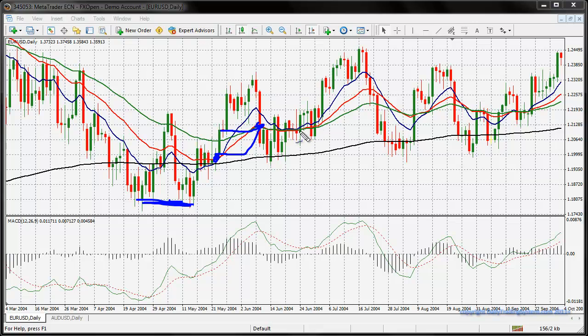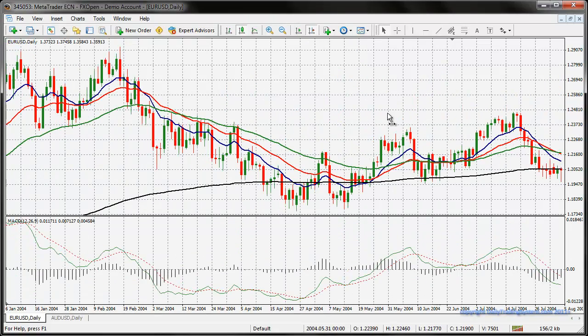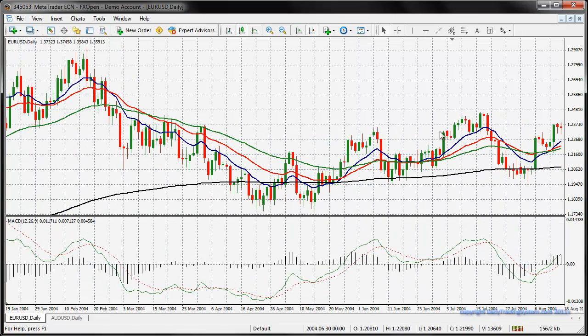But after a while, if you got in at around about here, one of these bars at the top, you can see that you're not going to make that much when you're halfway through a trend, and you don't really want to get into these little sporadic ones.